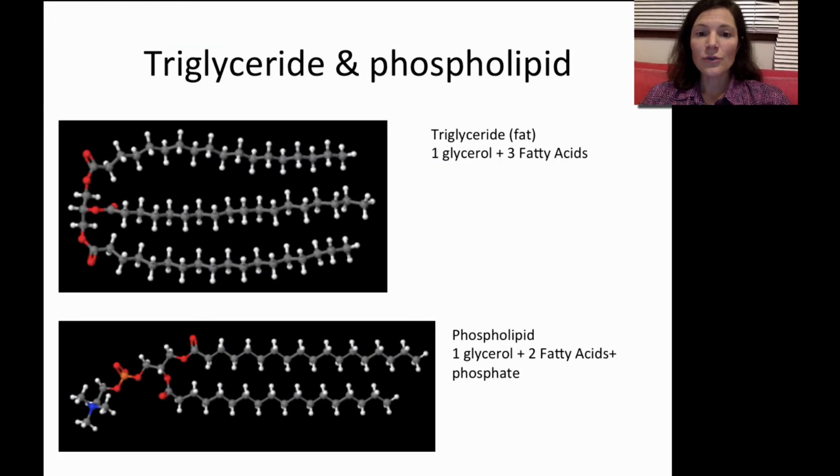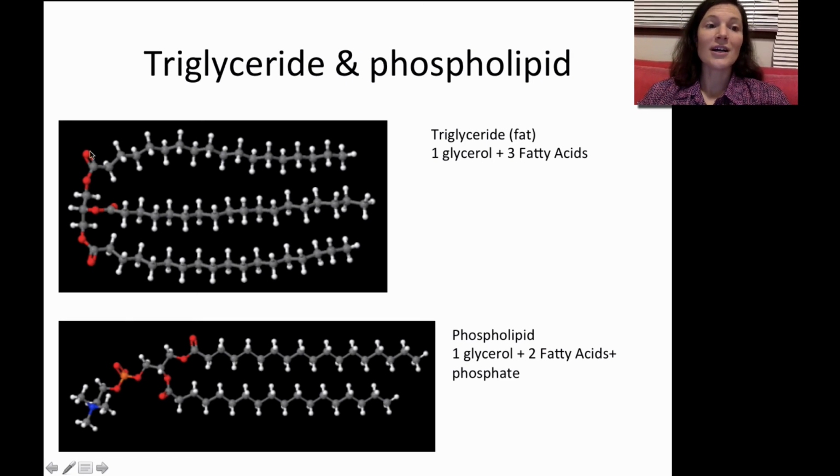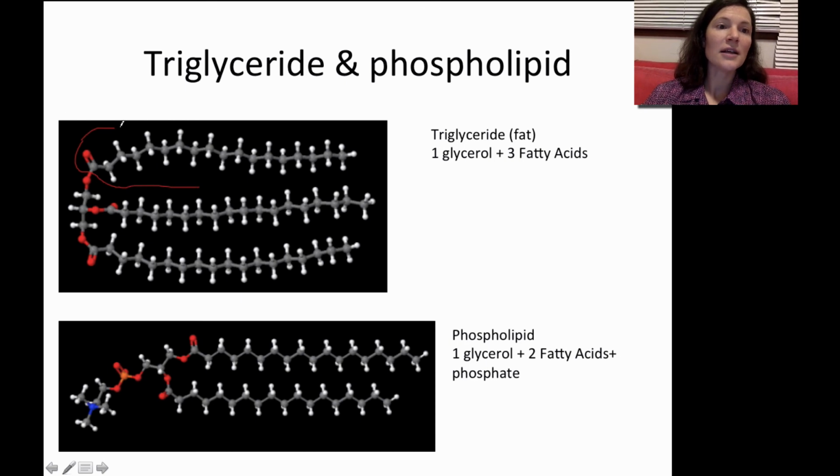Okay, so last two for now. So you're going to notice that this looks a lot like, well, this is the bond between the fatty acid and this little molecule here, which is glycerol.